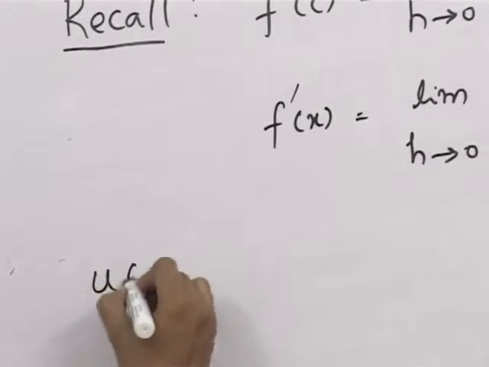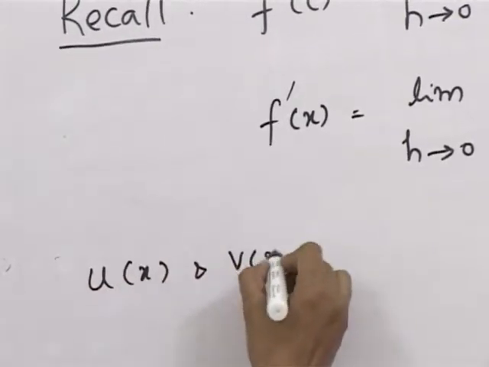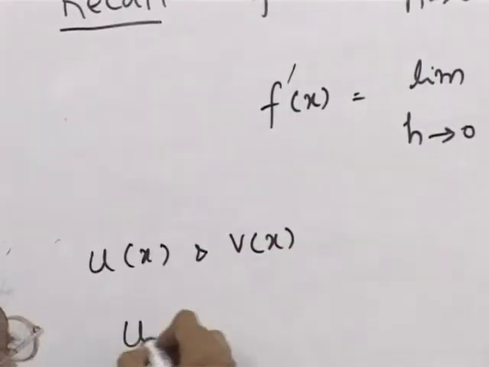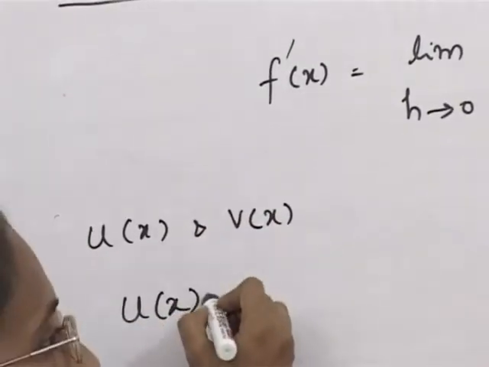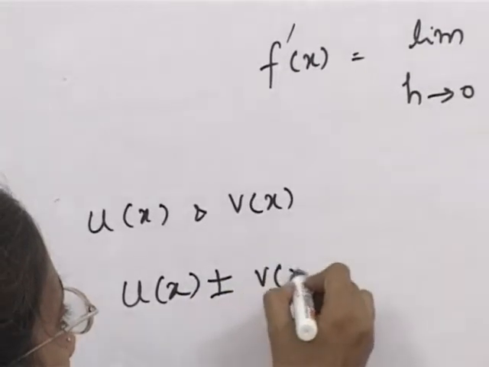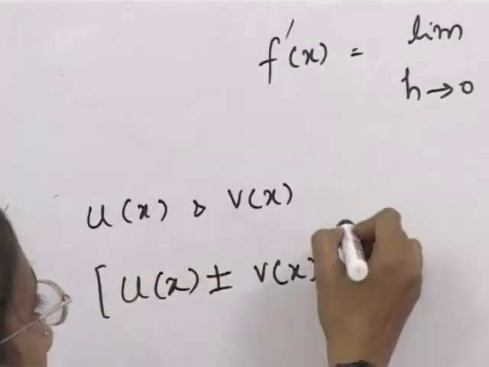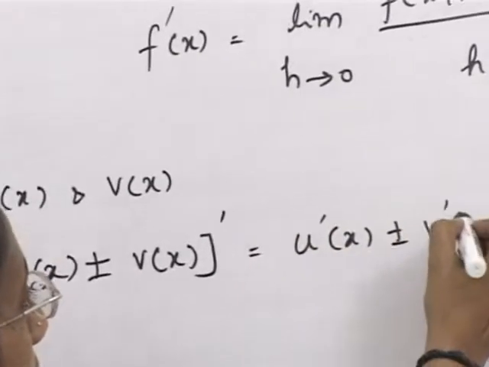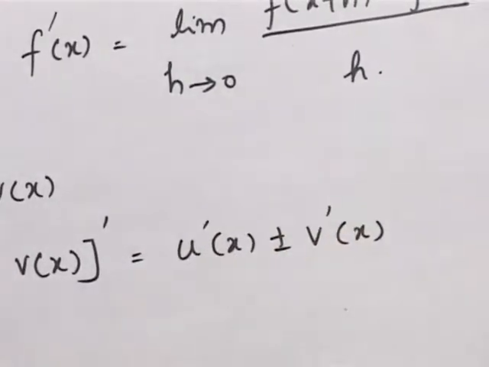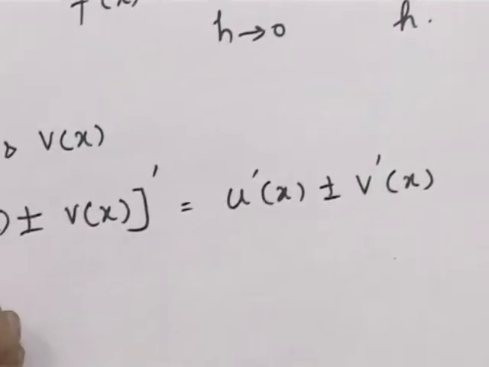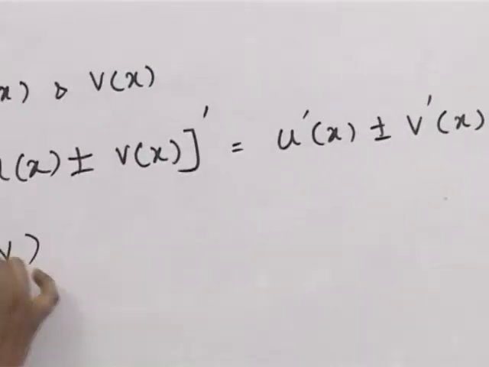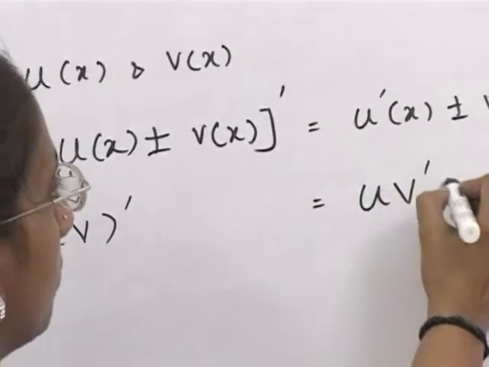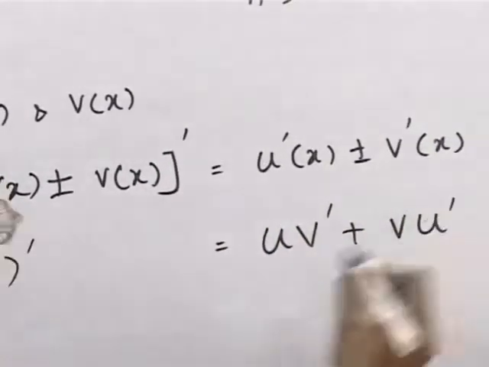Now suppose u(x) and v(x) are functions which are differentiable. Then the derivative of u(x) plus or minus v(x) is nothing but u'(x) plus or minus v'(x). Now if we have the product uv, then the derivative of the product uv is given by uv' plus vu'.